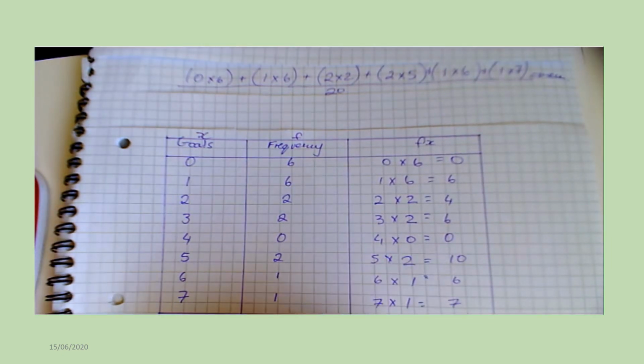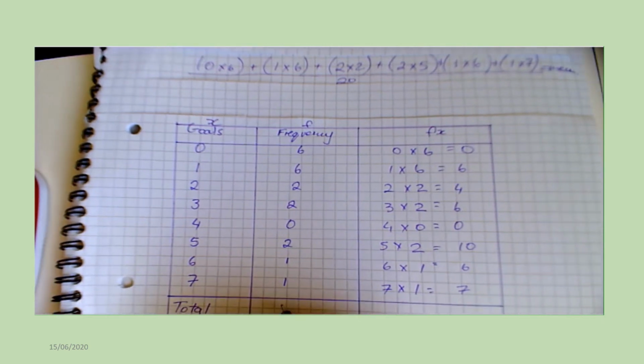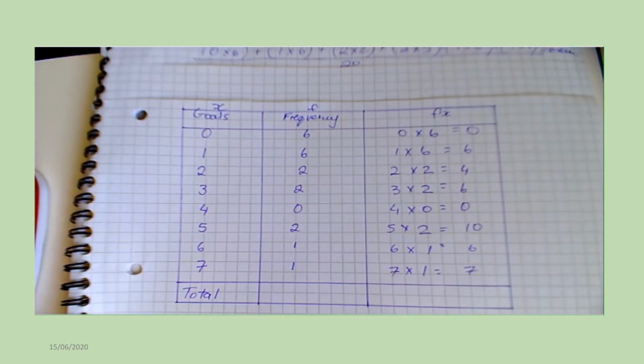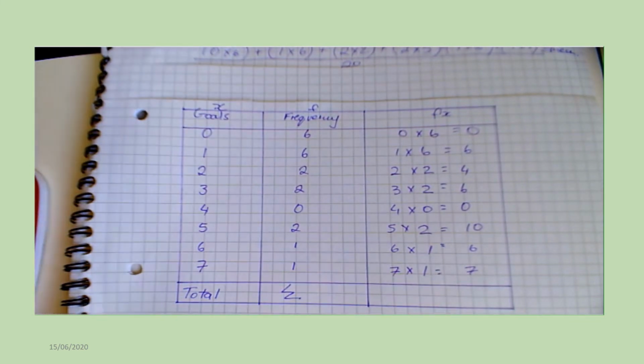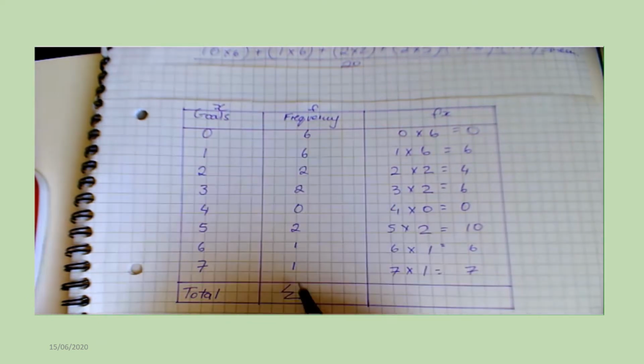Now here, I'm going to introduce you to new notation. This is the Greek letter sigma, and in maths we use it to say the sum. Okay, so sigma means sum. So the sum of our frequency here is 20, because Arsenal played 20 games.